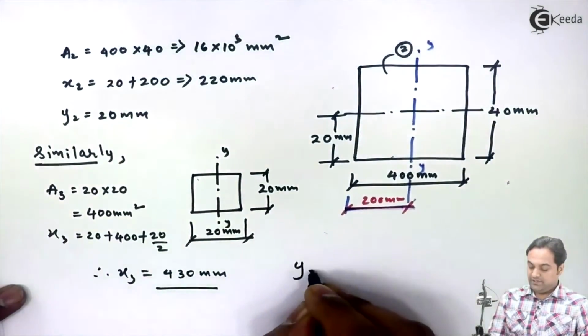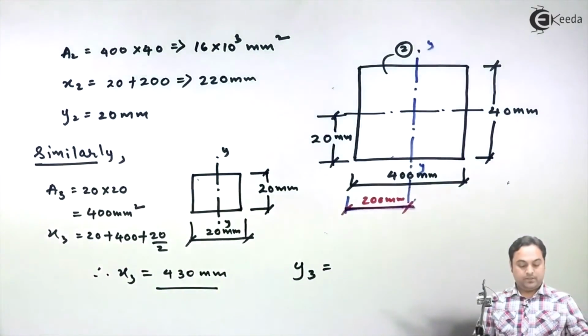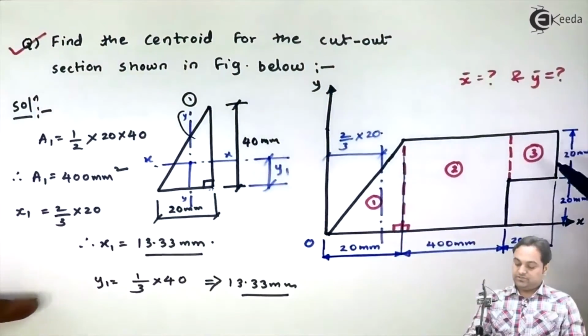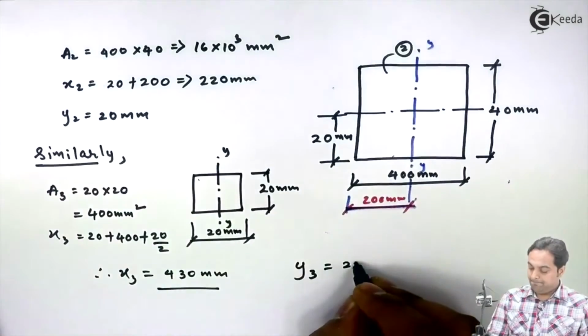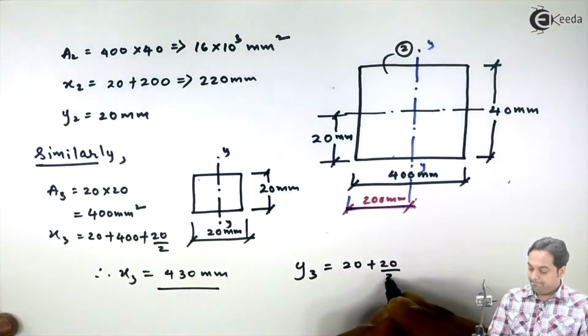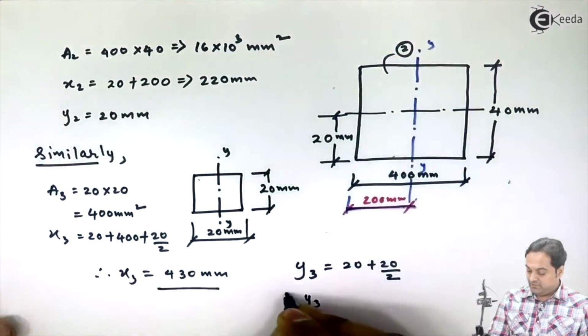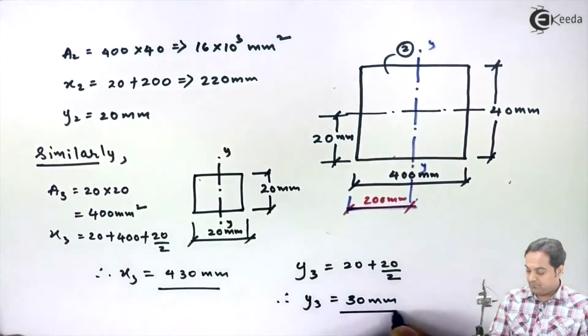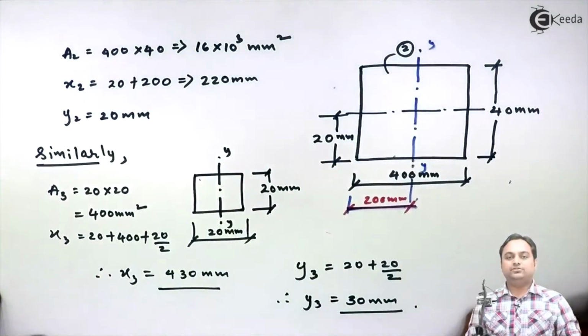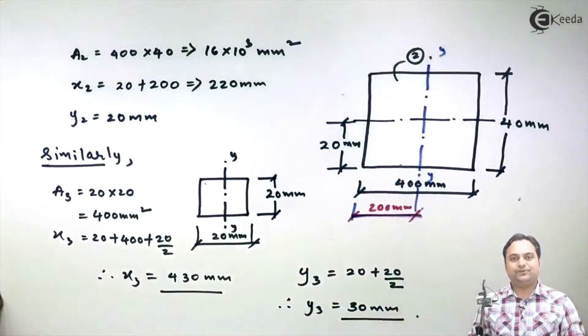Then y3: since figure 3 starts after 20 mm, it is 20 plus half of 20. So y3 is equal to 30 mm.